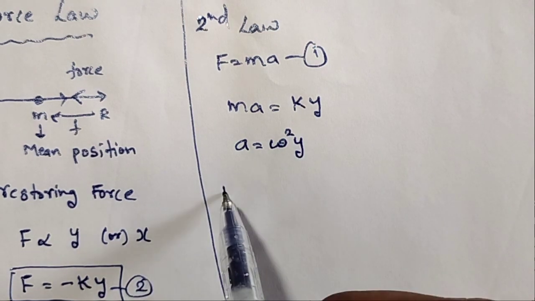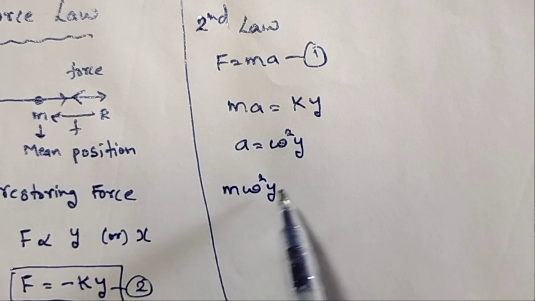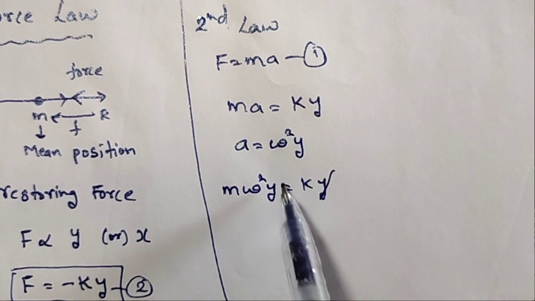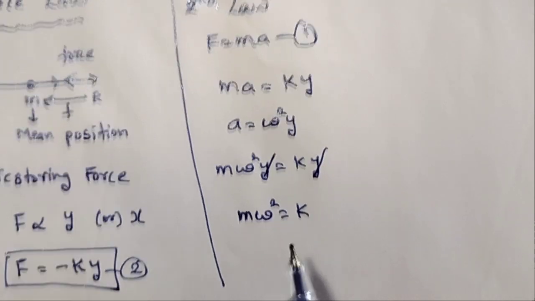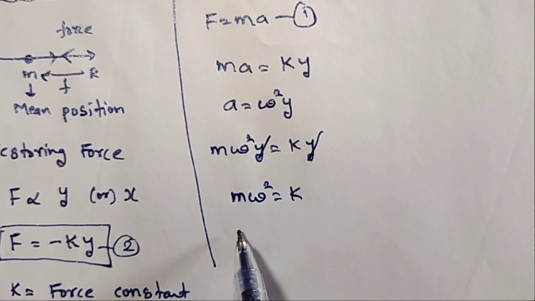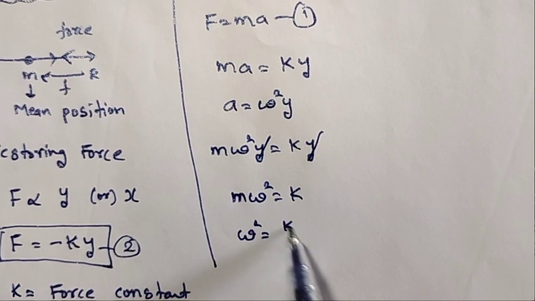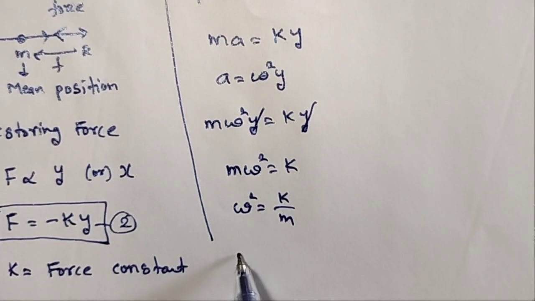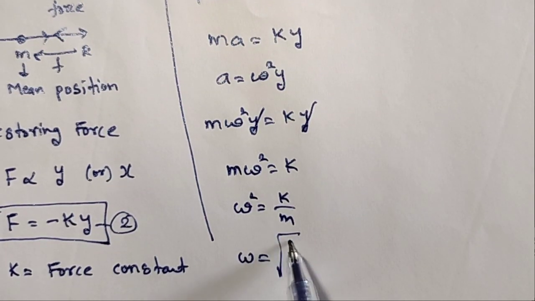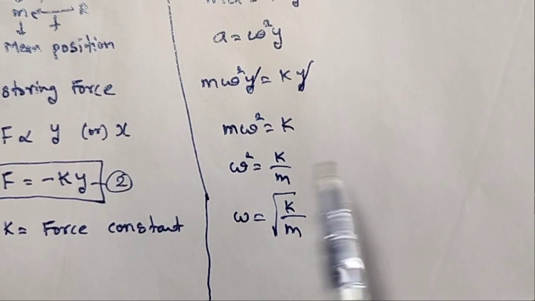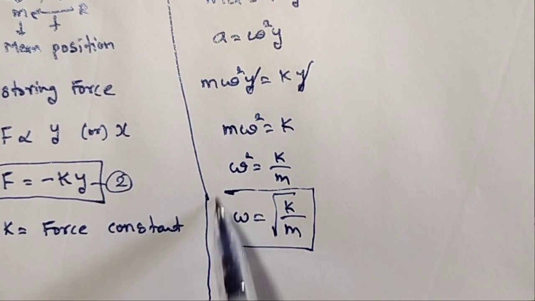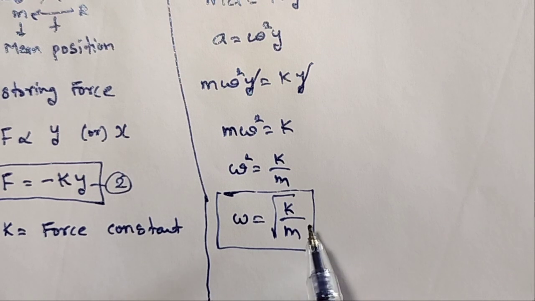So m omega square y is equal to ky. The y cancels, so m omega square is equal to k. So omega square is equal to k by m, and omega is equal to the square root of k by m. This is the angular frequency of the particle in terms of the force constant k and mass m.